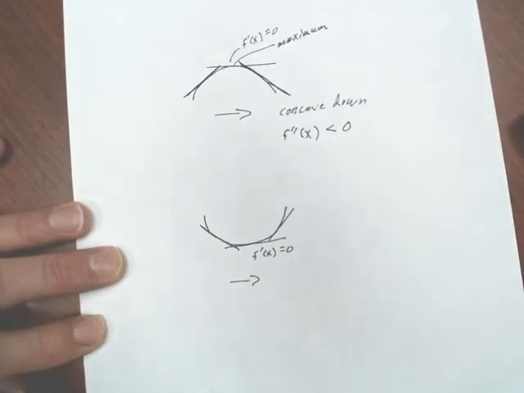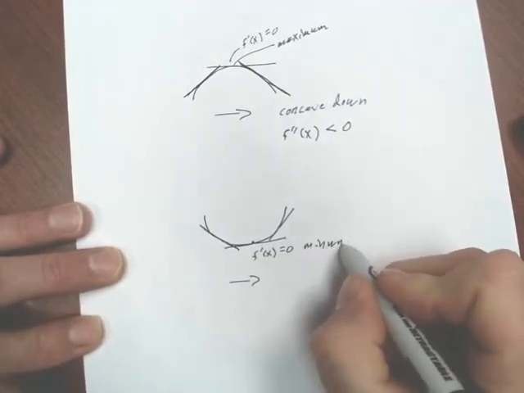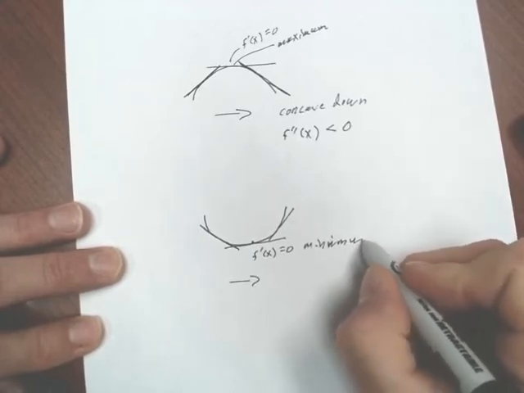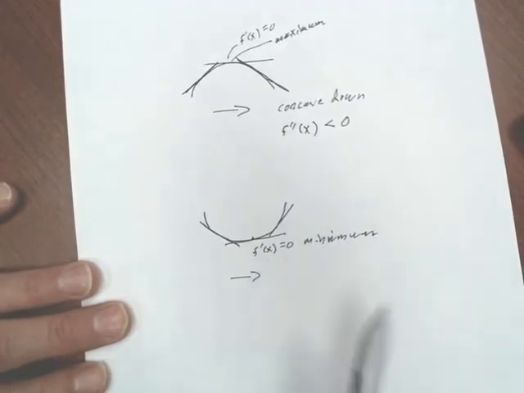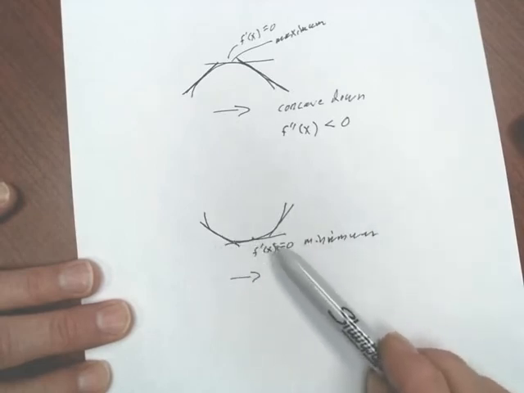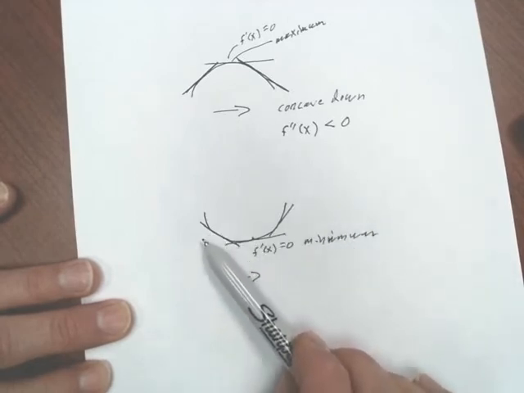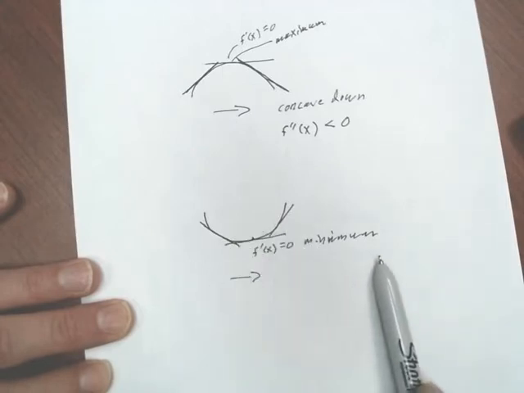Now we call this a minimum, because it is characterized by this negative to 0 to positive dynamic in the slopes.